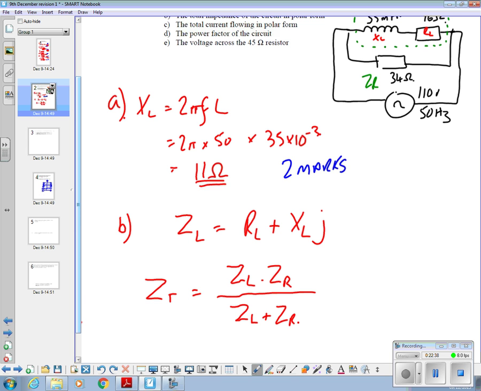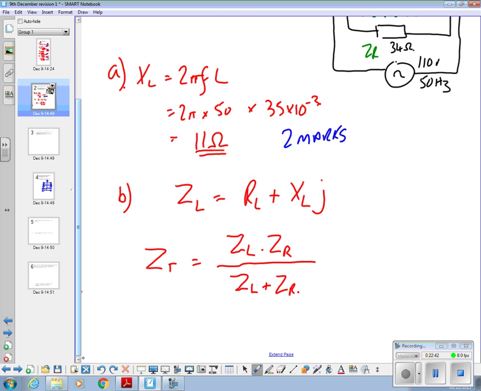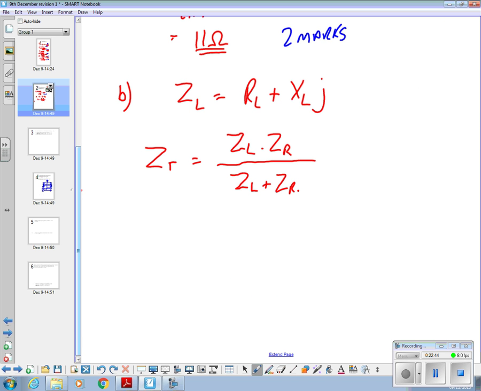Now we need to substitute the values into that expression. So we've got ZL is RL plus XLj, and we've got to multiply that by ZR.